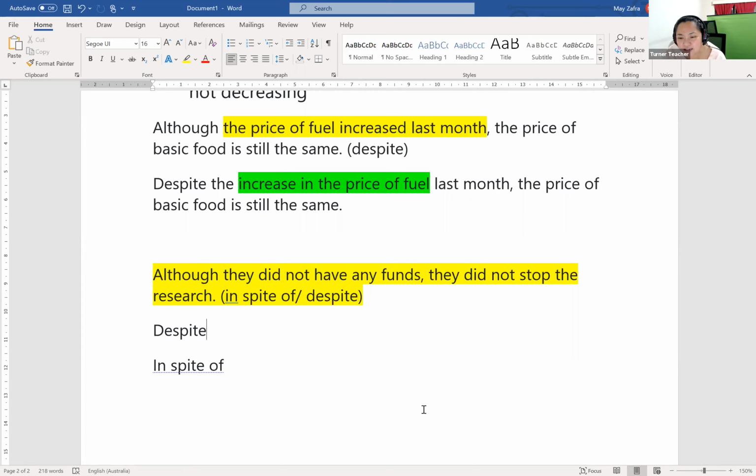Despite the funding is not enough, the research is still ongoing. Yasmin, the sentence is quite difficult to understand. So would you like to paraphrase that? Yeah, it means funding is not enough, but still research is ongoing. I know what it means, but it's not good to listen to.